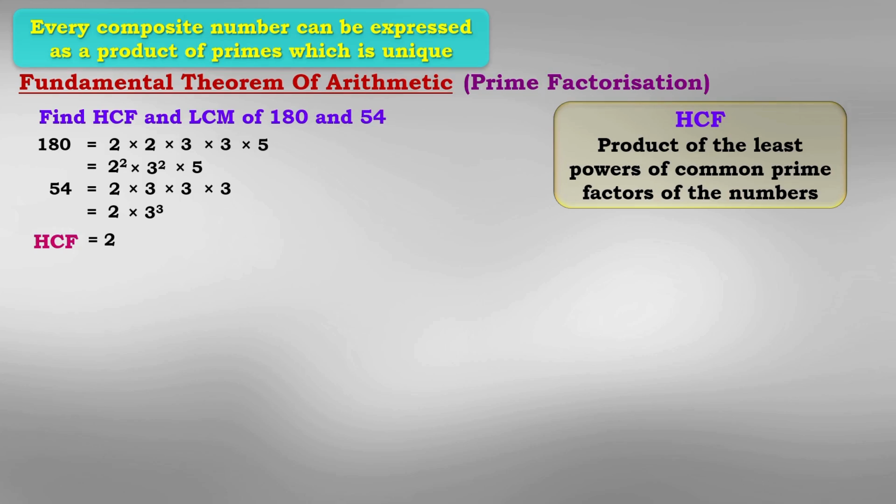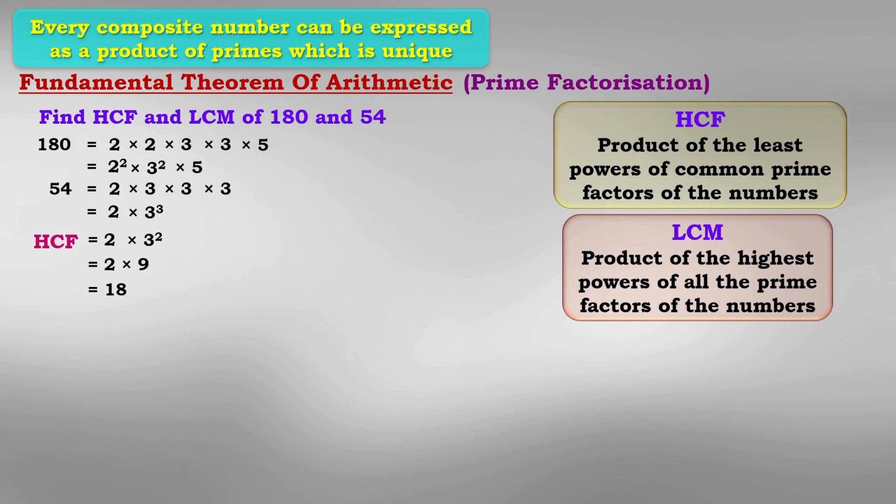In the first case we have 2 to the power 2, and in the second number we have 2. So we will take the minimum, that is 2 only. In case of 3, for 180 we have 3 to the power 2, and for 54 we have 3 to the power 3. Out of this we will take the minimum one, that is 3 to the power 2. So the HCF will be 2 into 3 to the power 2, that is 2 into 9 is equal to 18. So this is the HCF.